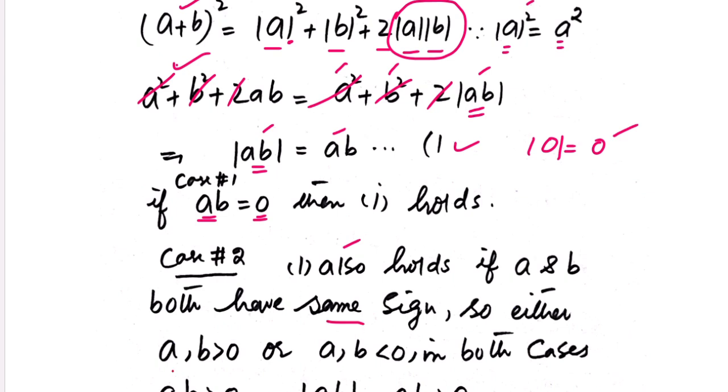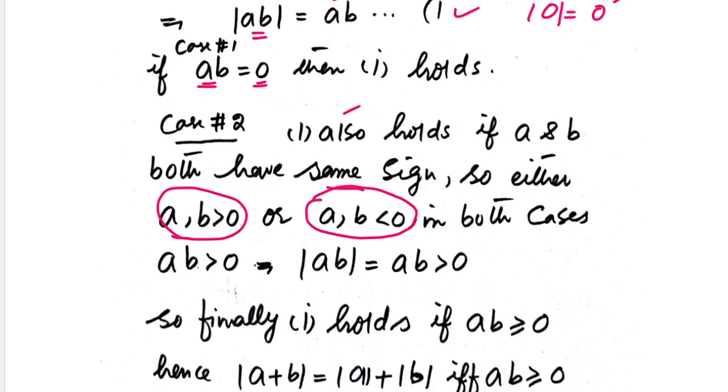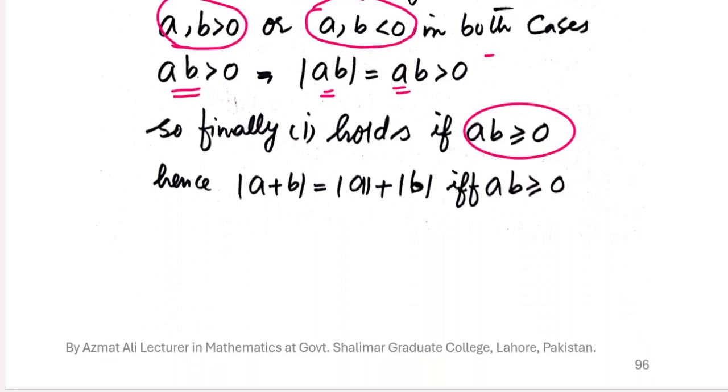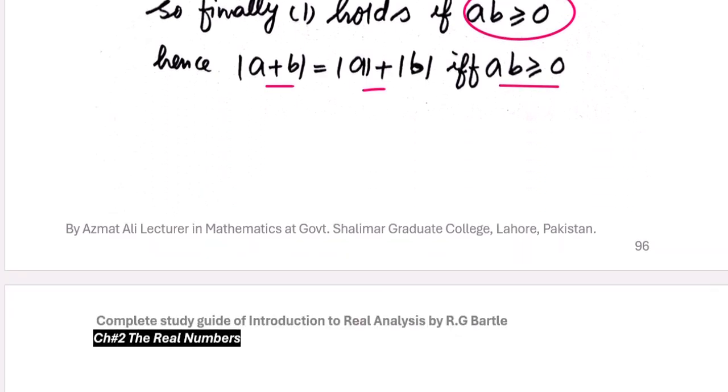So either a and b are both greater than 0 or both less than 0; in both cases, your product ab is greater than 0. And if ab is greater than 0, then clearly its absolute value is simply equal to ab. So finally, 1 holds for ab greater than or equal to 0. Hence, this equation holds if and only if ab is greater than or equal to 0. And it completes question number 2.